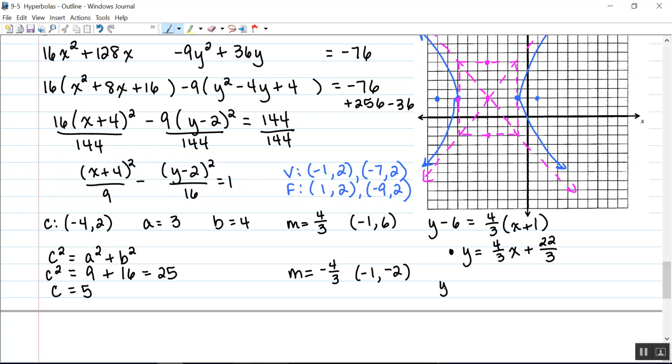And the other one, y minus a negative 2 equals -4/3 (x + 1), or y = -4/3 x, and -4/3 minus 2 gives me -10/3. And those are my two equations of the asymptotes. And I think I did everything I was supposed to there.